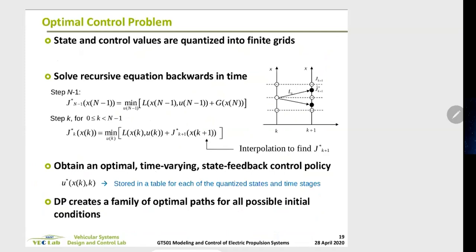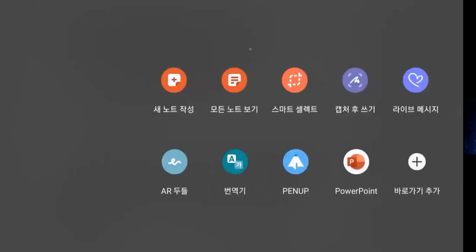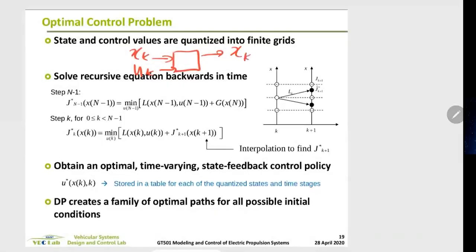But like I said, the tricky part is the discretization part. For example, this is the problem. So let's say you have a model that takes xk, uk, and then you get xk plus 1, and let's say Lk.